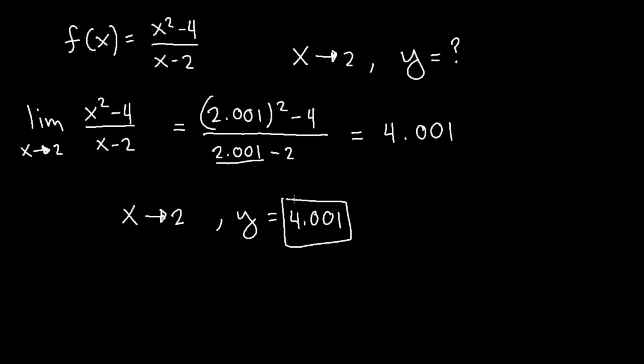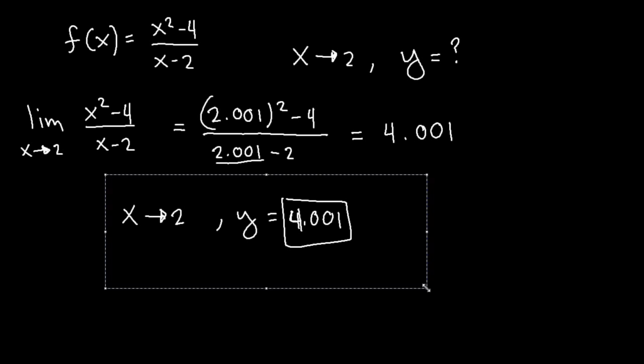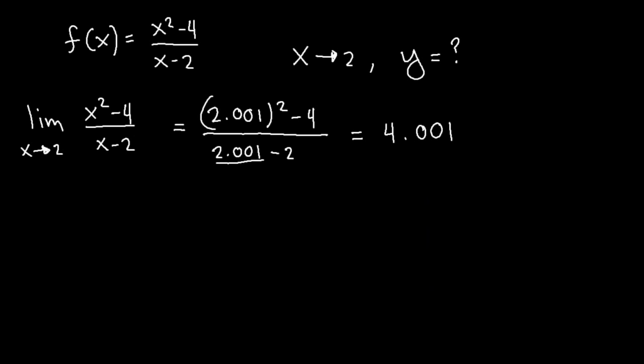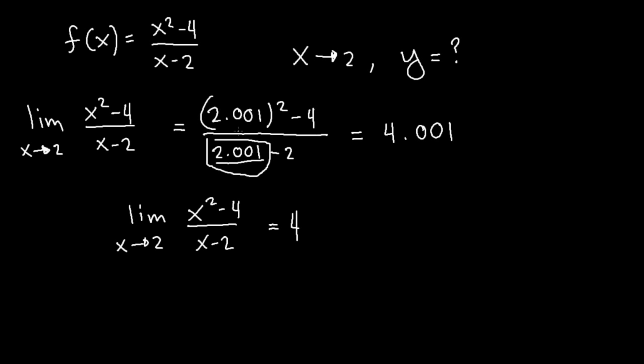So your final must be 4, because 4 is the value it is approaching. So your answer here is the limit of x squared minus 4 over x minus 2 as x approaches 2 is equal to 4, using this method, where you let the values of x approach 2 or be close to 2.